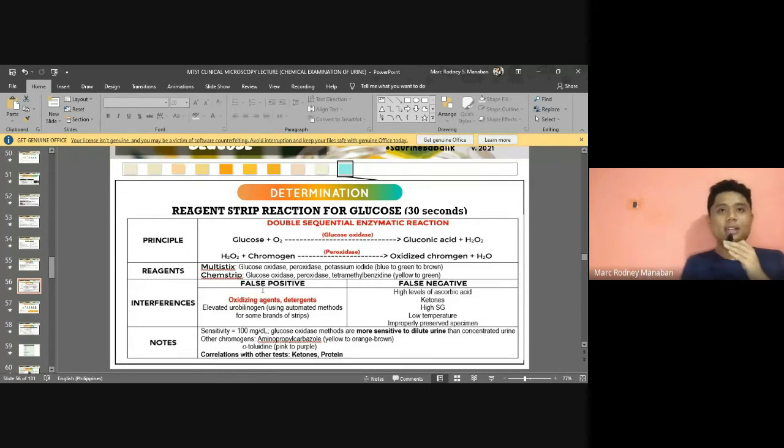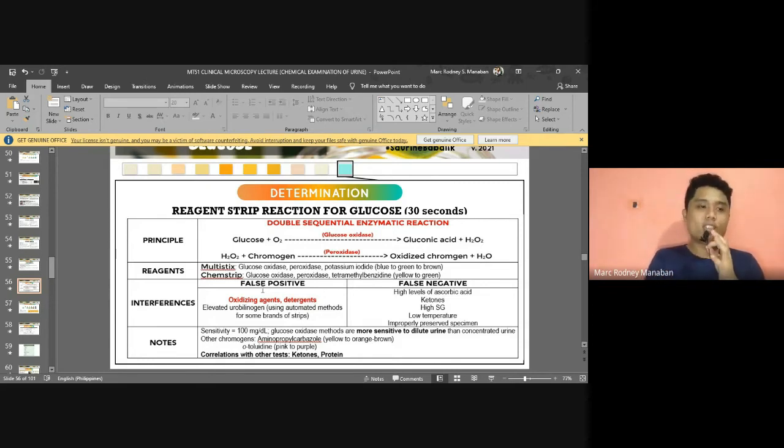This hydrogen peroxide will now be used in the second reaction, which utilizes the enzyme peroxidase. Peroxidase will reduce the hydrogen peroxide, and this reduction leads to the oxidation of your chromogen. The result is oxidized chromogen plus water. This oxidized chromogen will be detected as a color change.